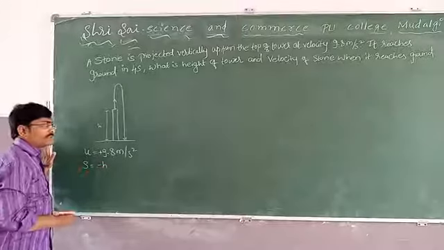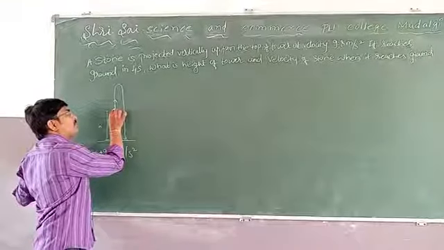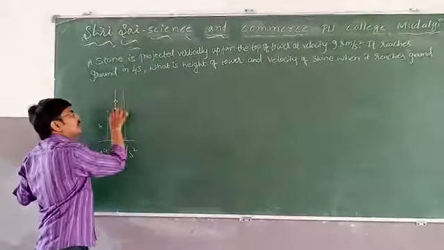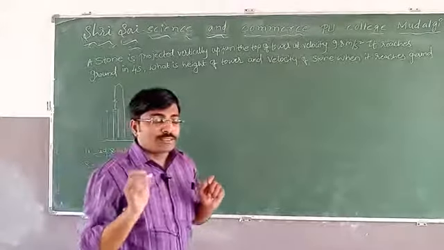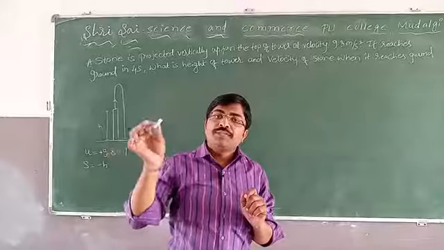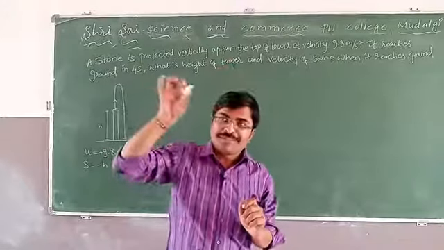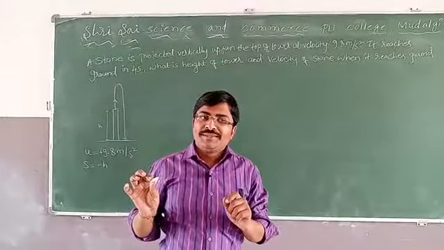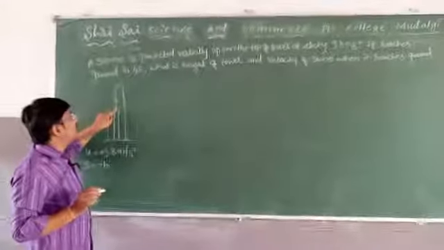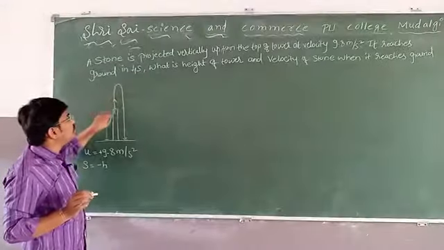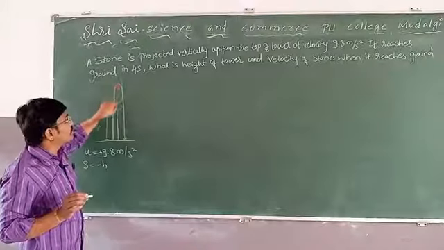Why is it minus h? See, when it moves like this and again comes to the same level, we know the displacement definition. If the object comes back to the same initial point, then its displacement is zero. Here it started here, moves like this and comes back to the same position.